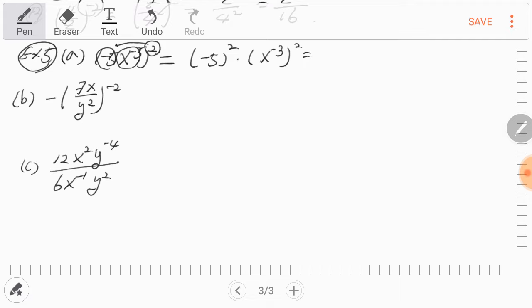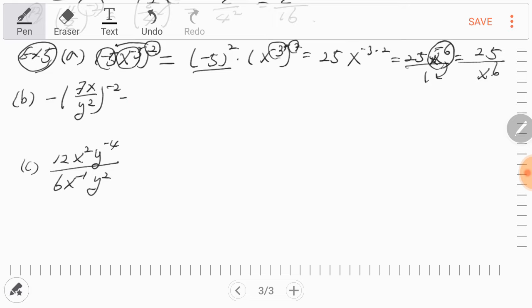Then negative 5 times negative 5 is 25. And x to the power of power is what? Multiply the exponents. So negative 3 times 2. So 25x to the negative 6 power. Now this x has power negative 6. The power is negative, so move this exponential form to the denominator. Then 25 over x to the 6th power.